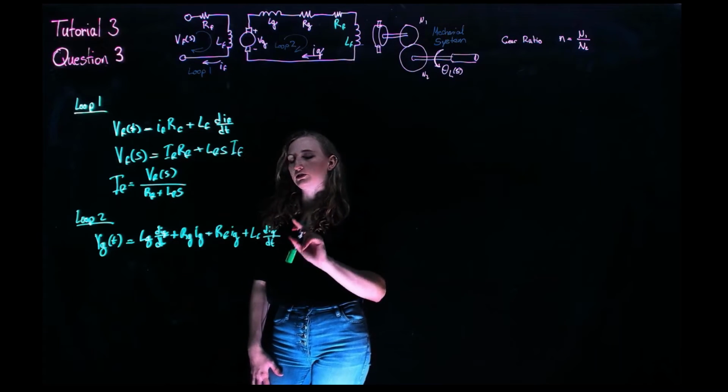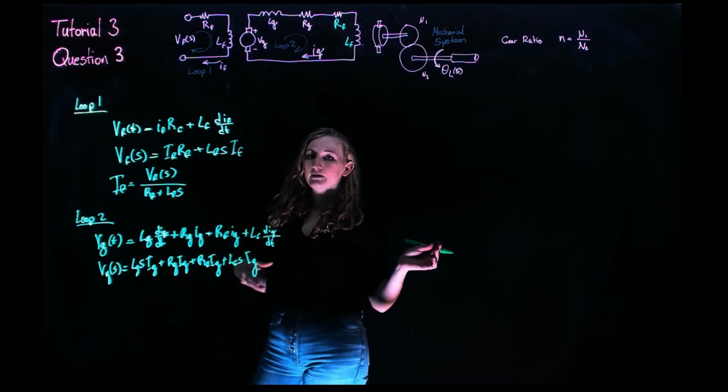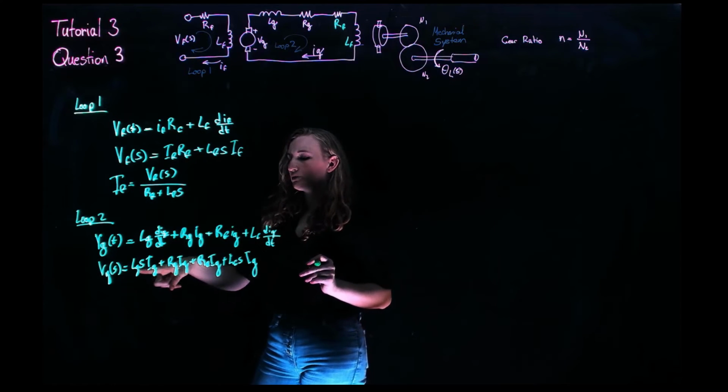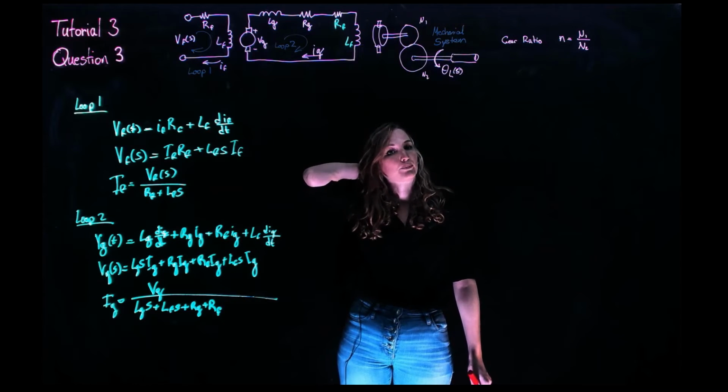Remember that our G's are just a subscript, even though they're written kind of large. So we take the Laplace, and the last step is, again, we want to rearrange that, so we just have an equation for I_G.